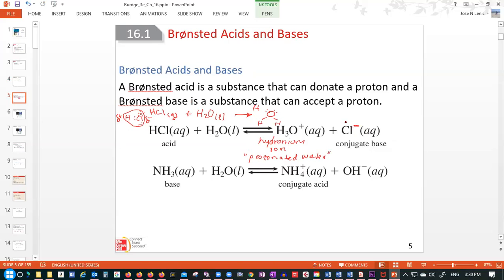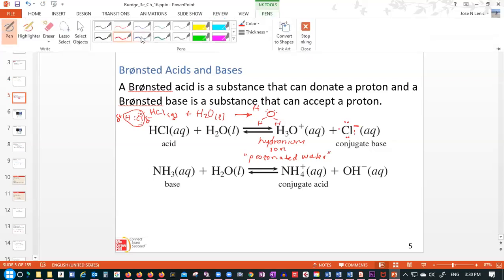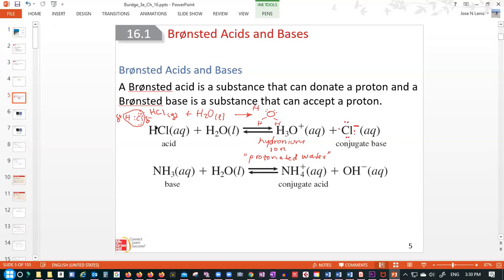So we have, using the Lewis dot structure, hydrogen has only one electron, and the electron is here.